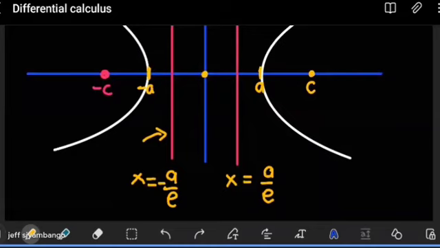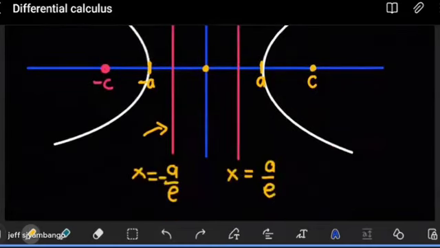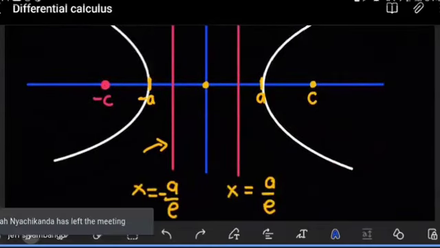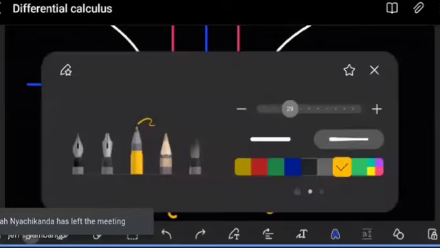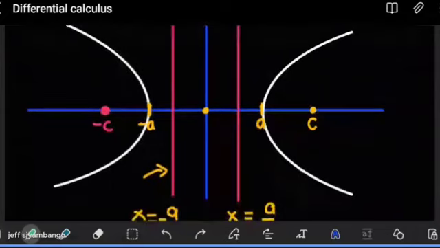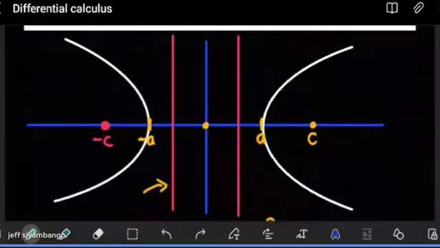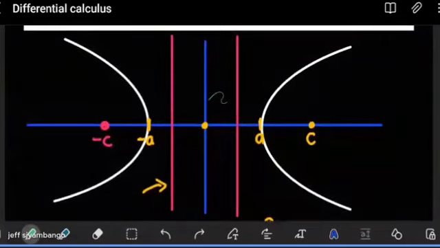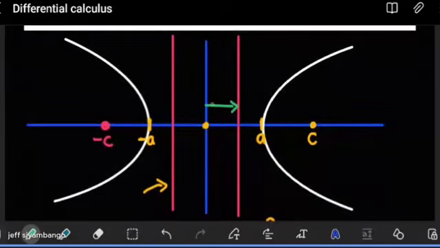So with that, once you understand this, notice that there are a few key concepts that you can then identify here. Firstly, depending on what you are given, you now know the distance from the center to either of the directrix lines. This distance is a over e.